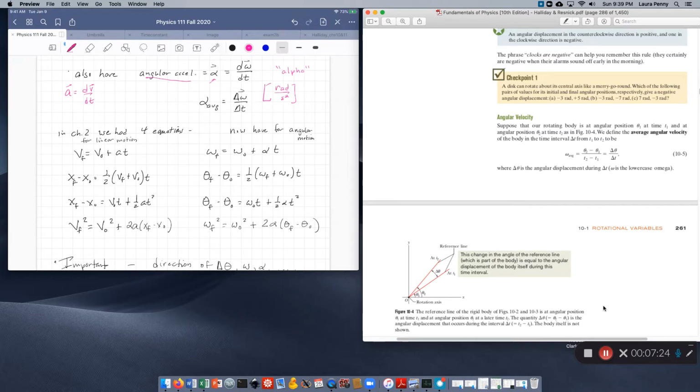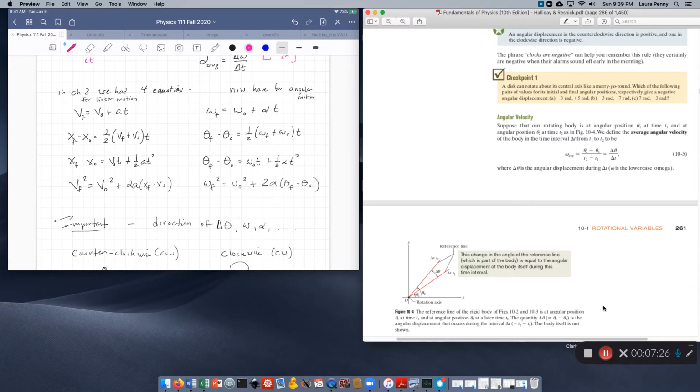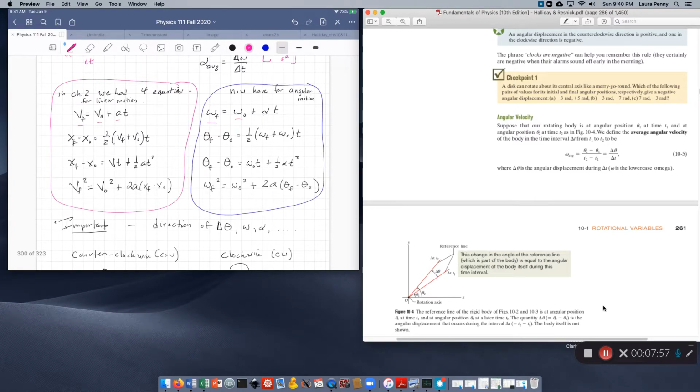And so back in chapter 2, we had these 4 equations for linear motion. These are our big 4 equations for linear motion. Now we're going to have their analogous equations for angular motion. Anywhere we had v, we're going to have an omega. So here's v final, now we have omega final, v initial, now we have omega initial, and any place we had a, we're going to have alpha.